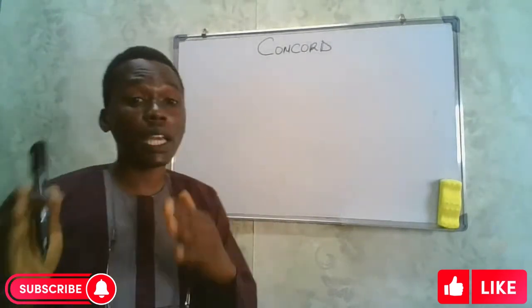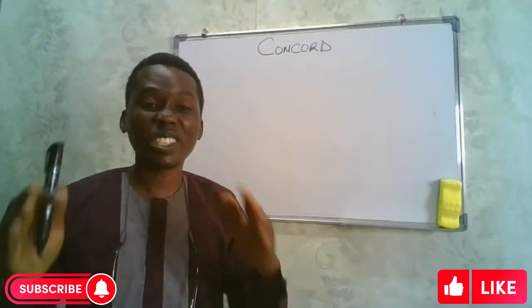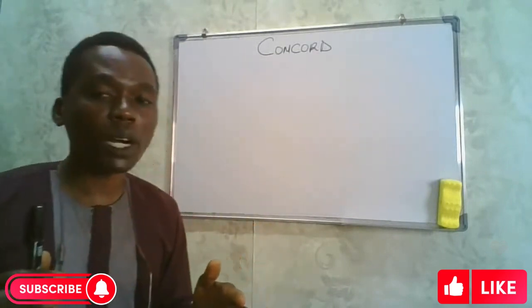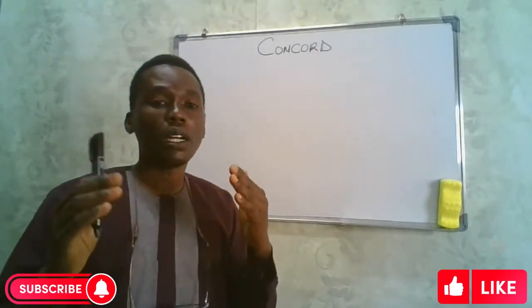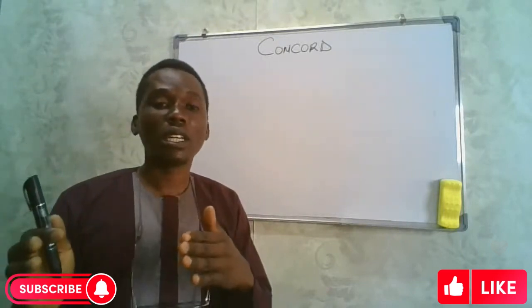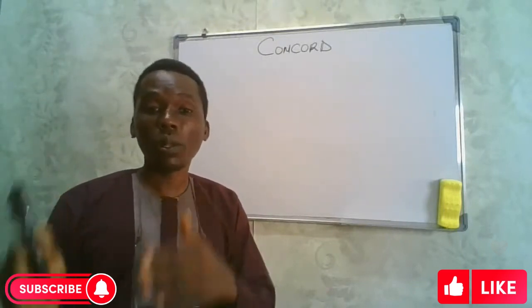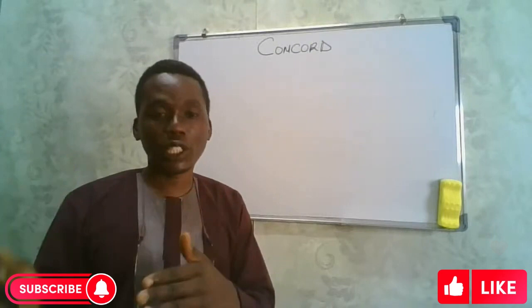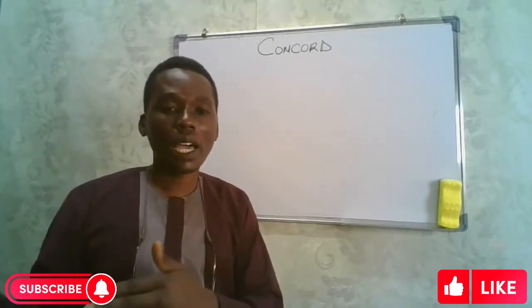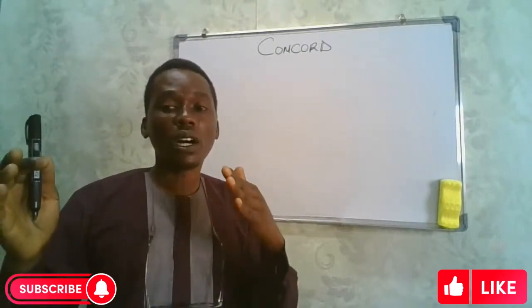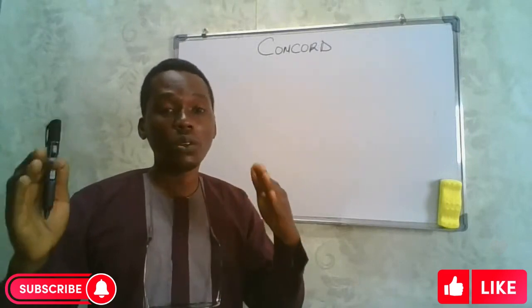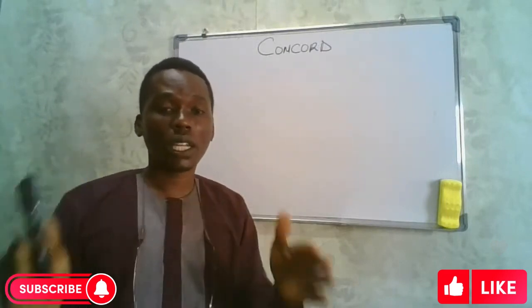Now remember the elements of clause structure or sentence structure we discussed about. It can be the subjects, it can be the complements, it can be the adjuncts. All these are elements of the structure of any good English sentence.